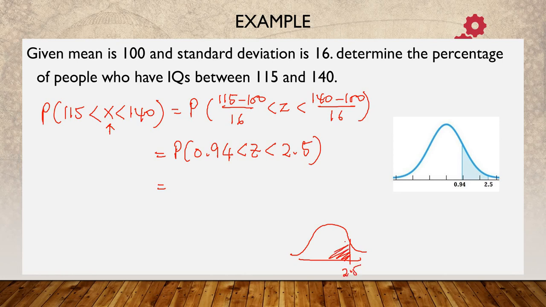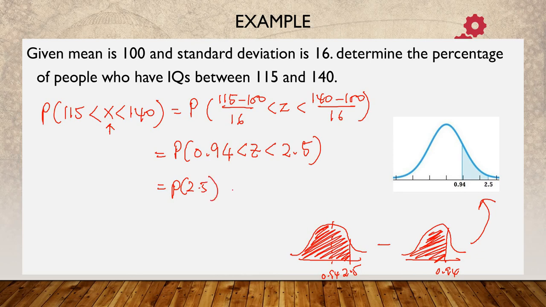So if you take 2.5, we take everything. Okay, but we want to stop at 0.94. So 2.5 is everything, and then minus 0.94, so that we get only this part.